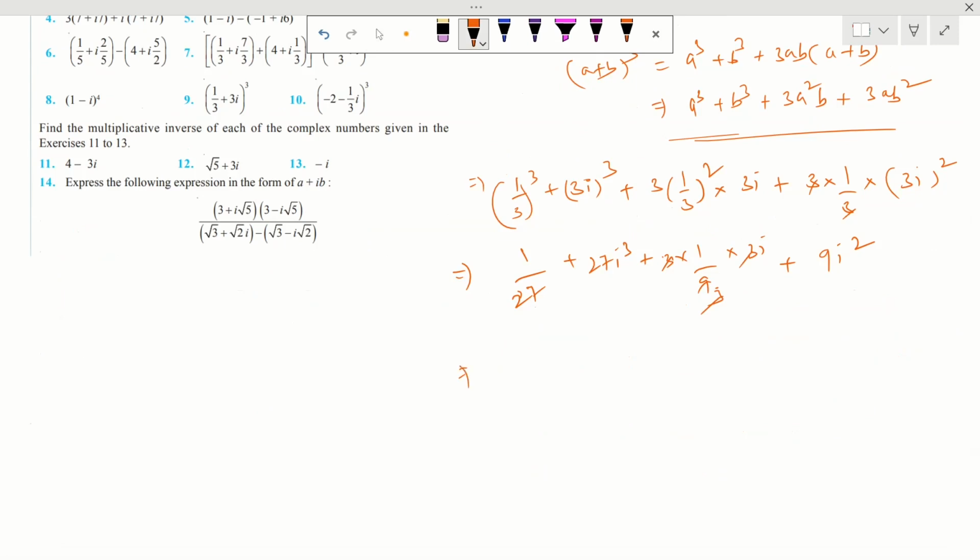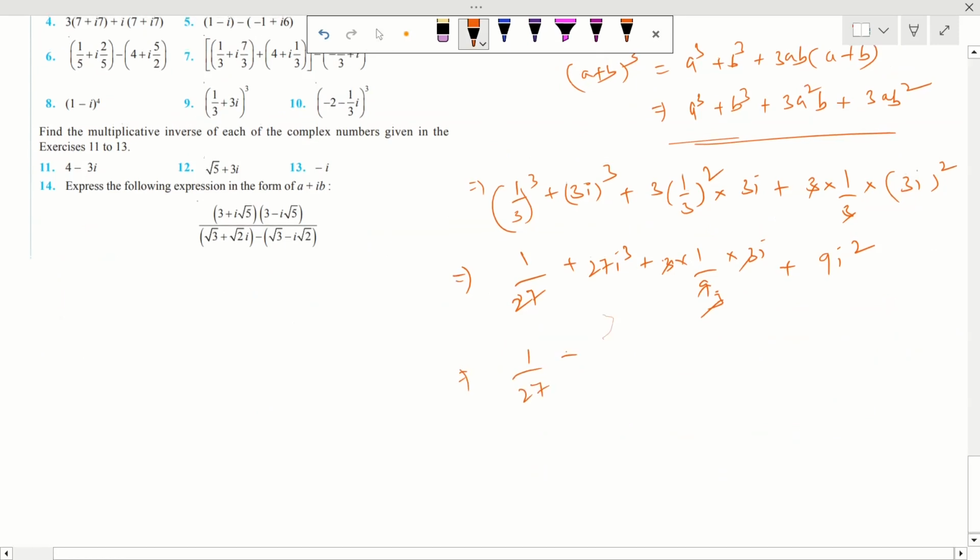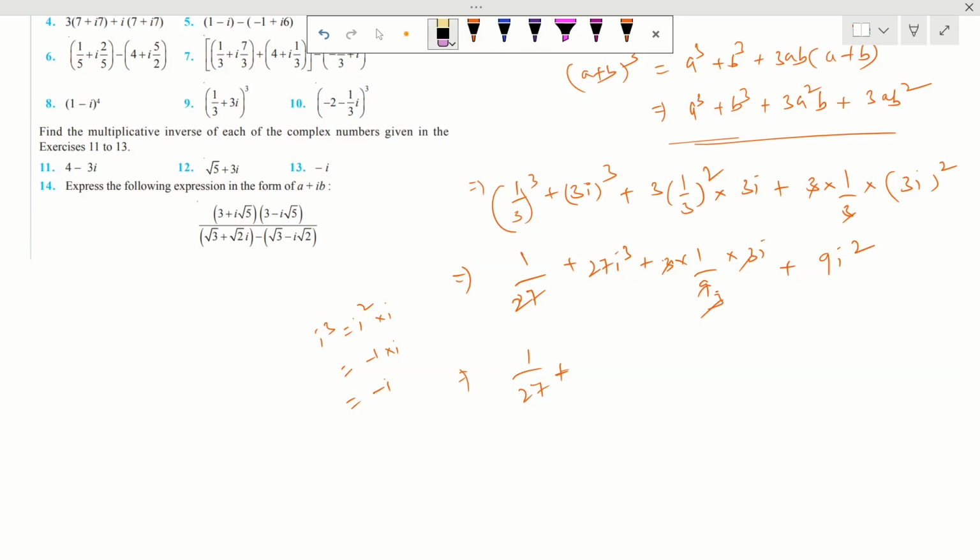And if we simplify this further, 1 by 27, and what is i cube? I cube we can write as i square into i, and i square is minus 1, so minus 1 into i is minus i. So we can write simply minus i, then it is 1 by 27 minus 27i, and plus here i remains, and here i square is minus 1, so this is minus 9.